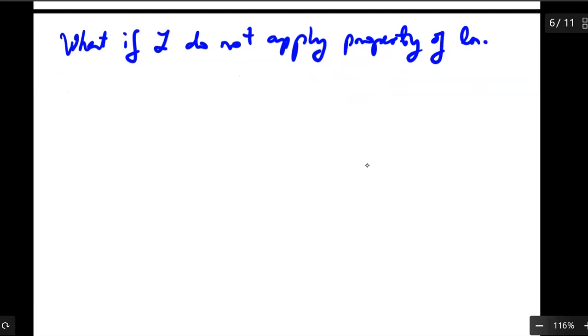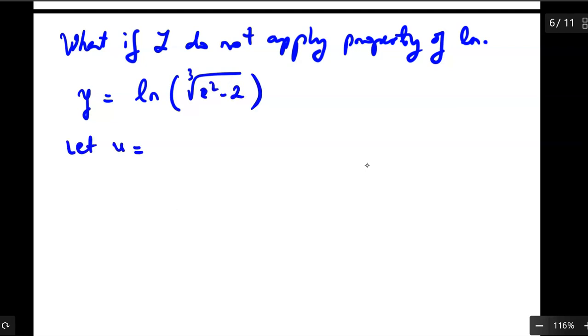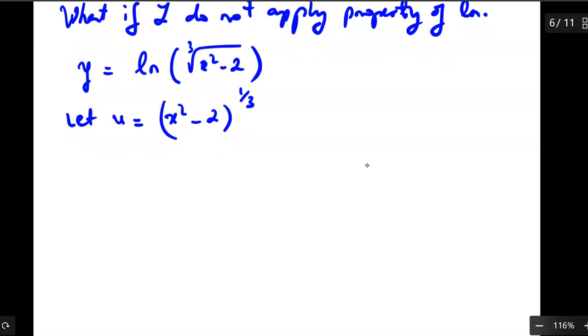Okay, so in this case, what you have is y equal to natural logarithm of cube root of x squared minus 2. Then you let u equal to x squared minus 2 raised to the exponent 1/3. So you have to apply everything here.